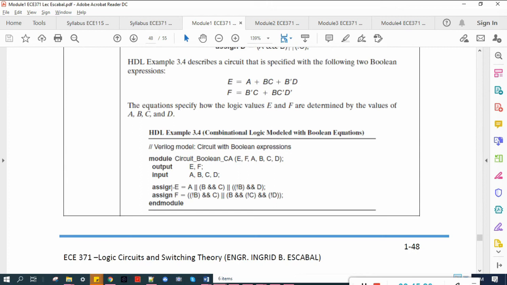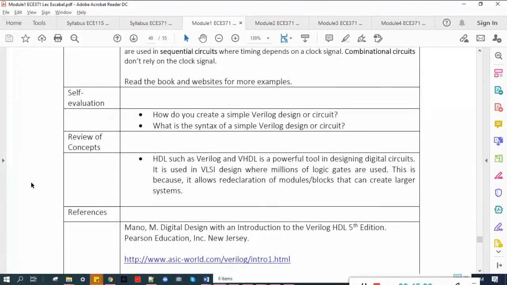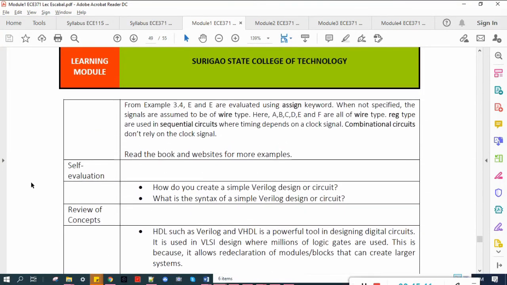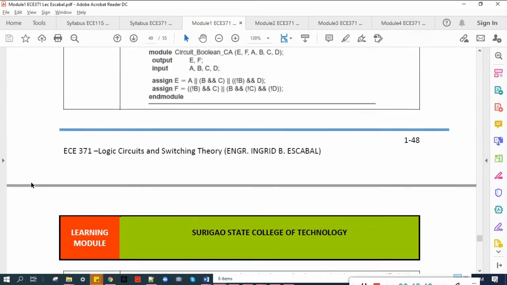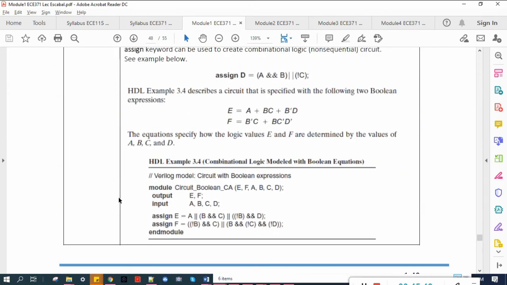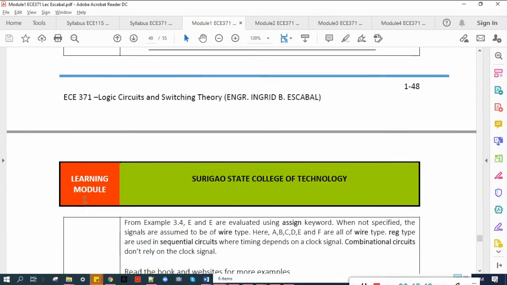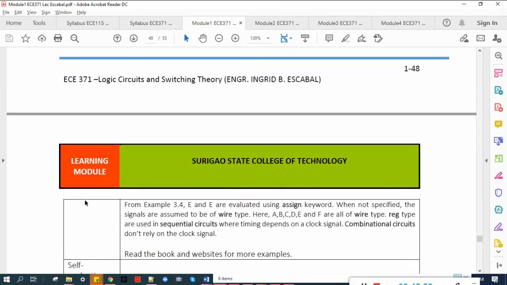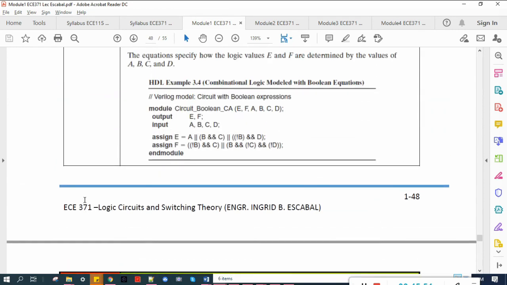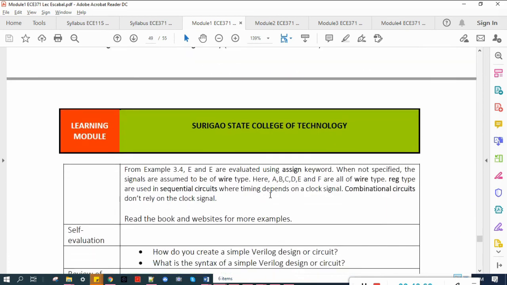We did not declare any wires, but it is assumed. Just assume that the outputs E and F are both wires. When we are dealing with combinational circuits, usually it will be wire type. Here A, B, C, D, E, and F are all of wire type.